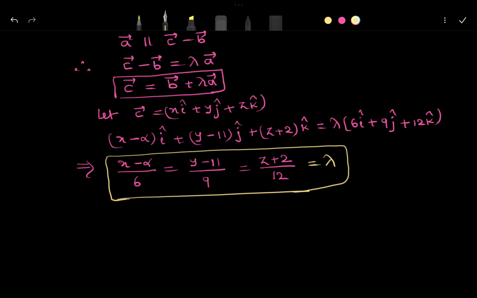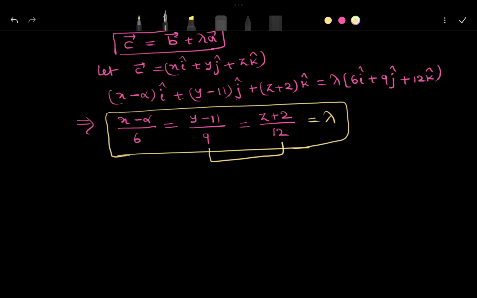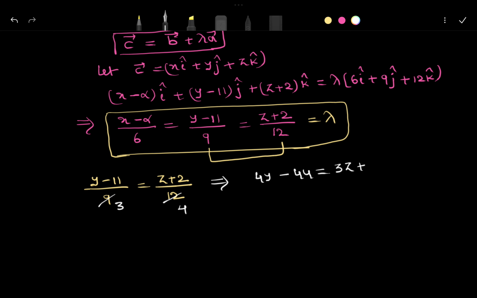By equating these two, from this you can write (y minus 11) divided by 9 is equal to (z plus 2) divided by 12. Here there are 3 threes and 3 fours, so cross multiplying, 4y minus 44 is equal to 3 times (z plus 6).